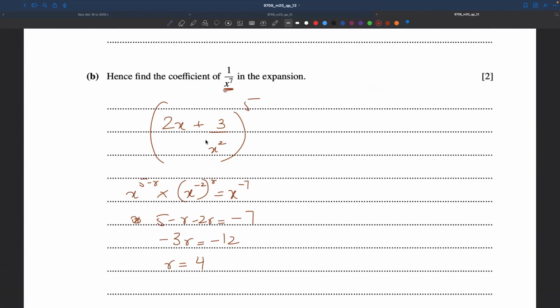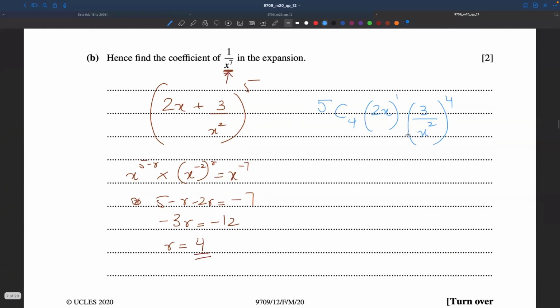When we are trying to find when we have 1 upon x7, we only care about the variables, not the number. So using this, we figure out we'll have to do 5C4. So now you write 5C4, right? 2x to the power of 5 minus 4, which is 1, times 3 upon x squared to the power of 4.